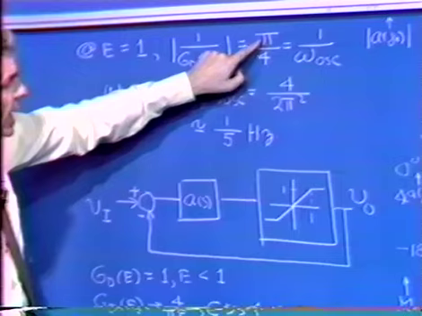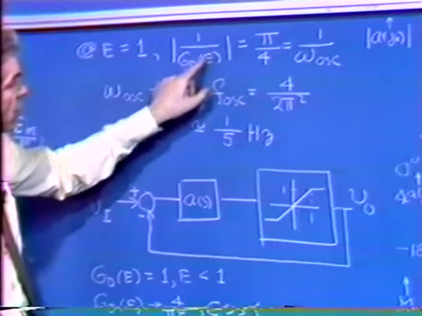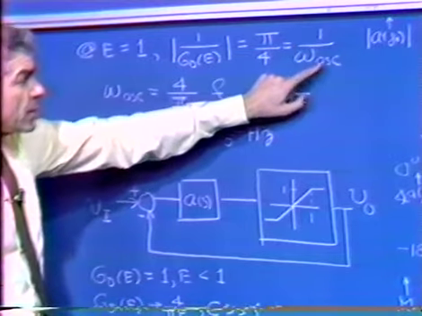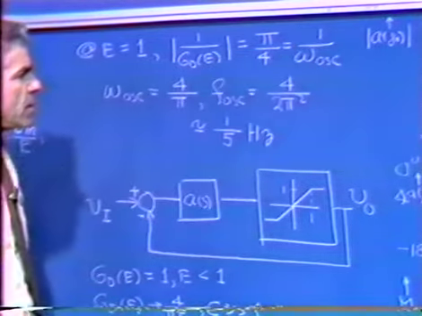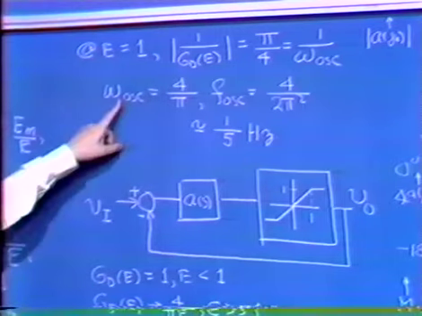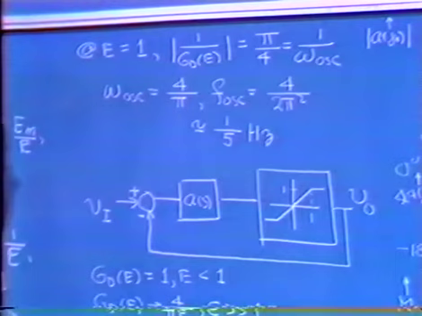We conclude that at the intersection, the value of 1 over GD of E, pi over 4, is equal to 1 over the frequency of oscillation. We, of course, determine the frequency of oscillation from the linear elements curve. And that tells us that omega oscillation is 4 over pi.